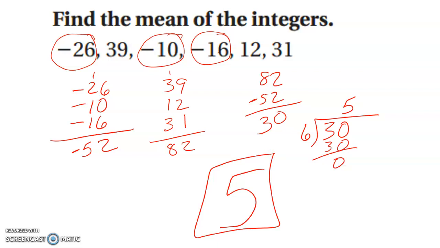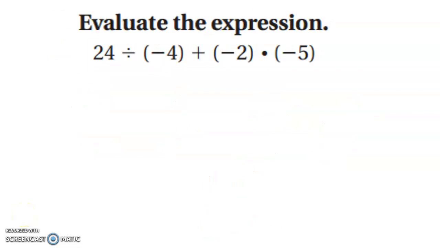Try the next one. Okay, so order of operations. Now, a lot of people go, oh, parentheses first, but those parentheses are just there to show that those are negatives. So after parentheses and exponents, multiplication and division left to right. So right here, division comes first. So 24 divided by negative 4 is a negative 6.